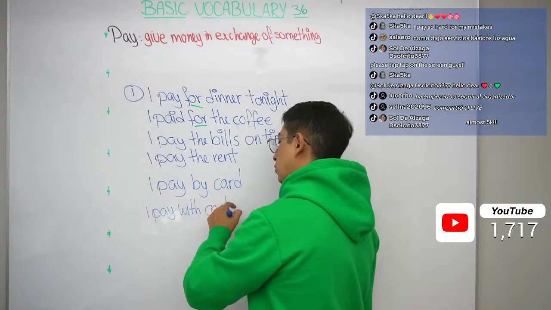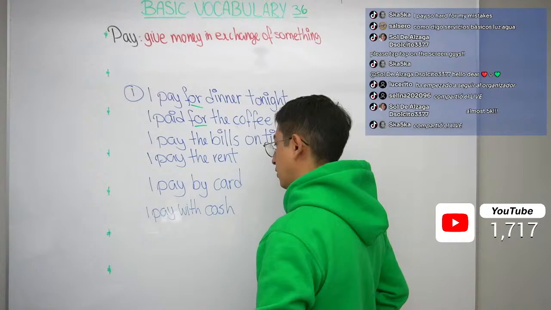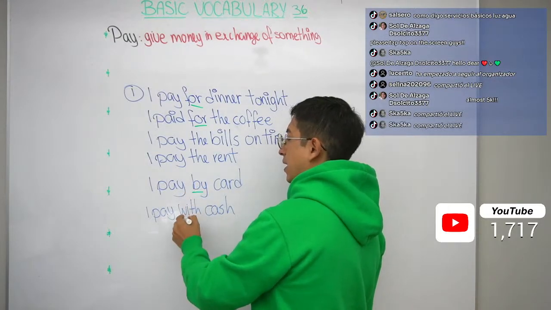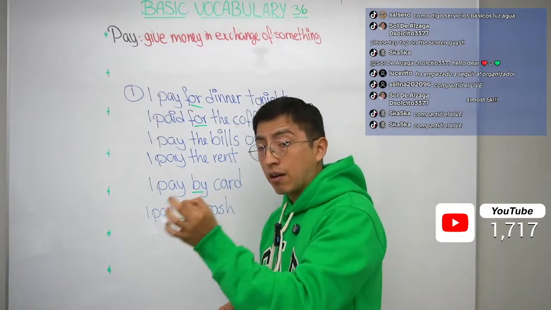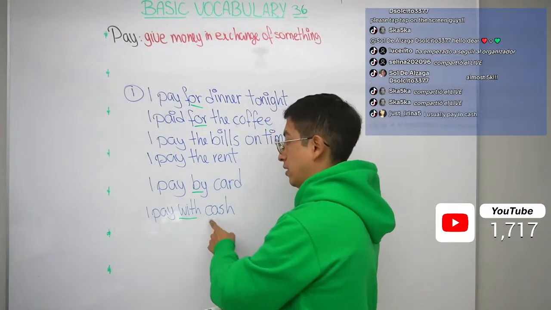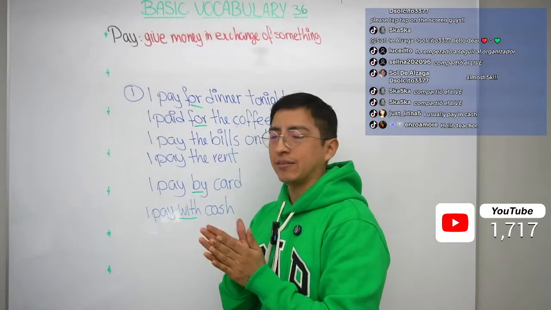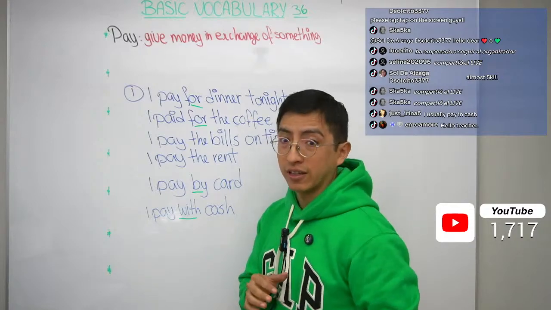We always use this when we are going to buy something, or maybe you're going to pay at a restaurant, by or with. I'm going to pay by card. I'm going to pay with cash. We're talking about physical money, right? So these are two other prepositions that you can use here.